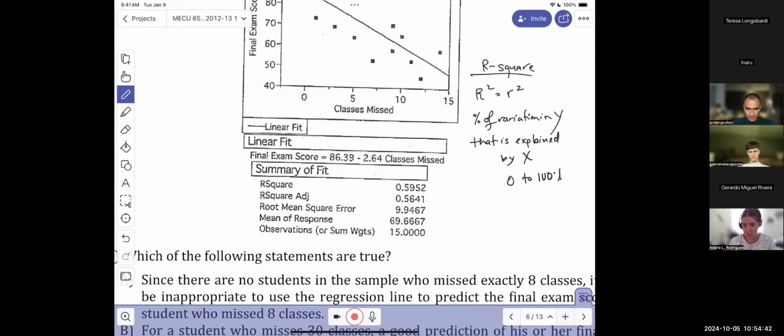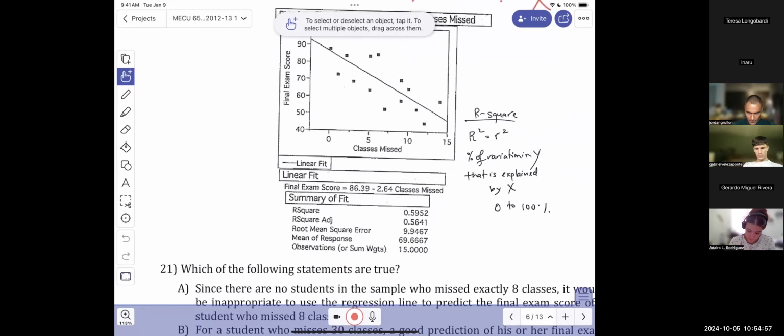That's how we interpret that number. So it's no longer 0 to -1 like R was. It's 0 to 100%, a different unit, a percentage.